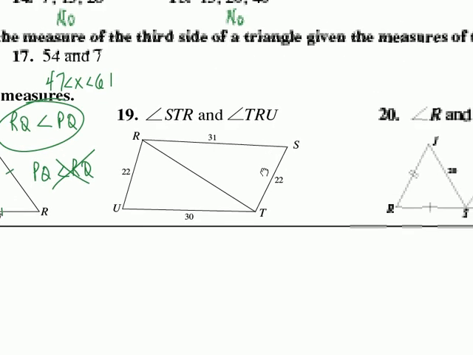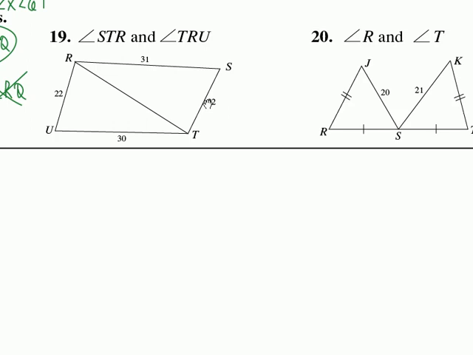All right, let's do this one right here. Let's see, what do we have here? We got side, side, side inequality. See how we have two equal sides? I got an equal side here and here, right? And then I've got an equal side right here, and then I've got two sides that are not equal.